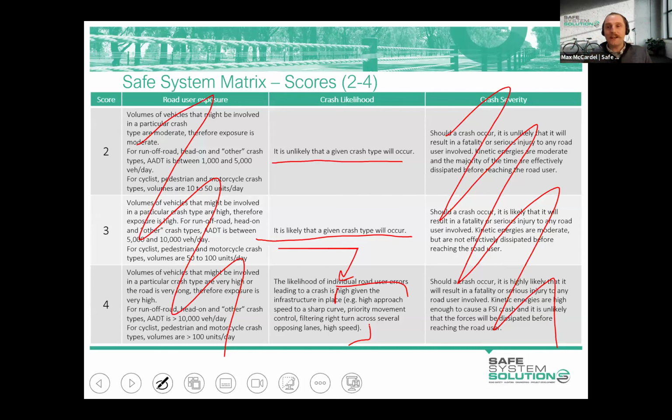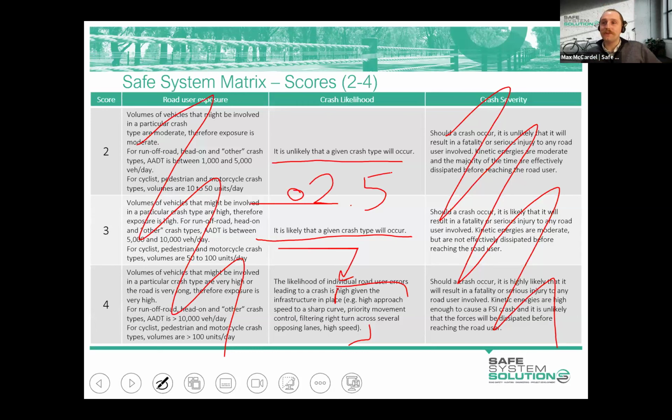Now, every now and then, you're unable to see eye to eye with your peers, and that's just the nature of working within this environment. No one's right, no one's wrong, but you may be unable to get that agreement. And in those scenarios, you can meet in the middle and do a half score.